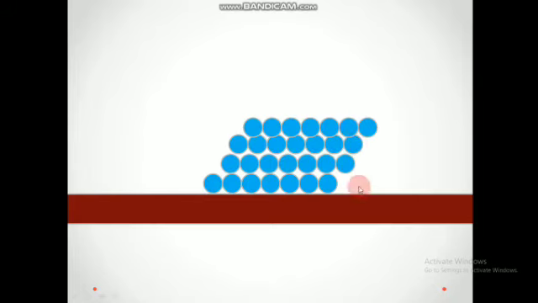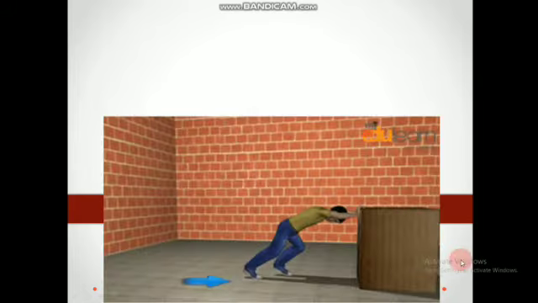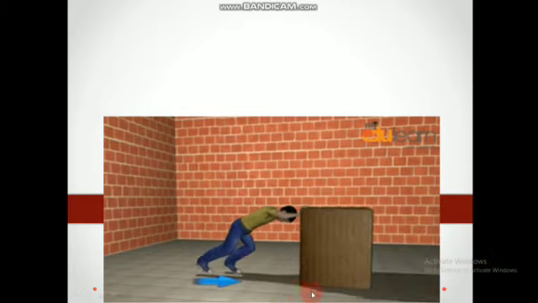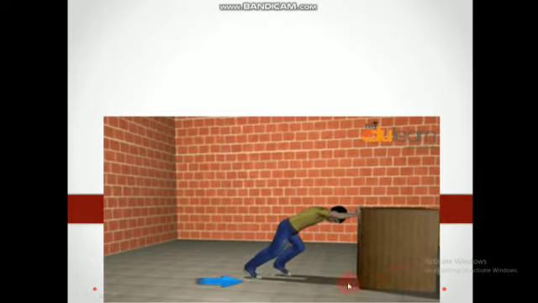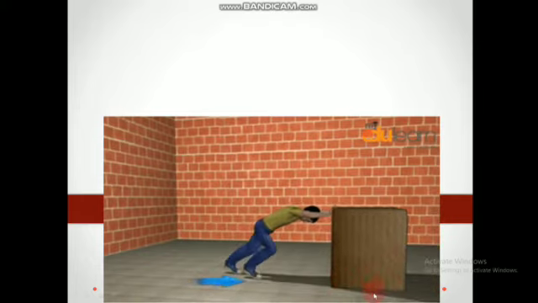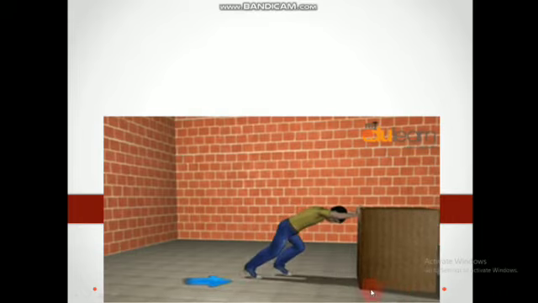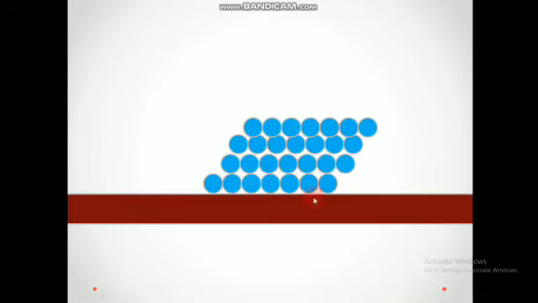So what is the force between them? That is nothing but friction. When we try to push something over another material, there is some amount of friction acting between them. It is the same case here: the same friction is acting between these layers. So there is friction between the stationary object and the first layer of the liquid, between the first layer and the second layer, between the second layer and the third layer, and so on.